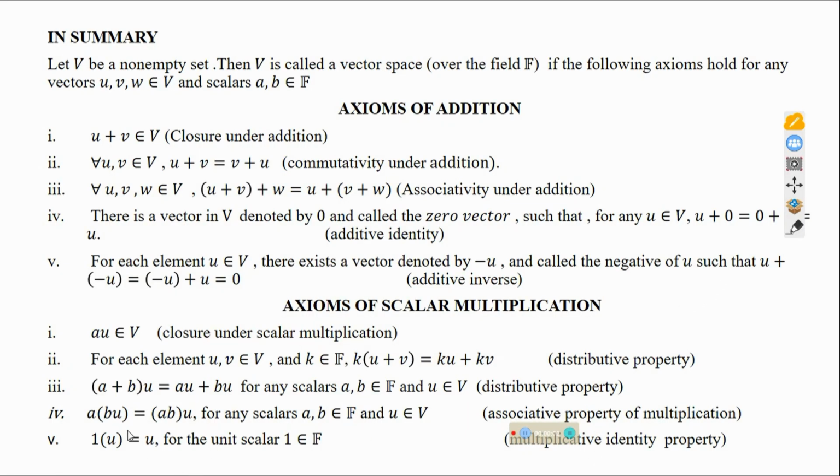Now for axiom number 9, it is a into (b u) is the same as (ab) into u, for any scalars a and b and vector u. So we still need two scalars and one vector in order to prove this.